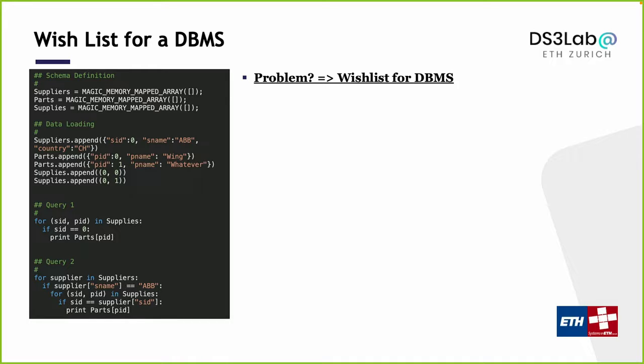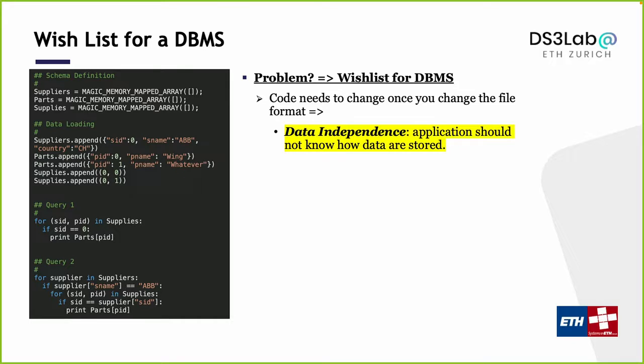So let's try to define a little bit more about the properties that we want, okay? From the problem we see here to the property we want from a database management system. The problem we have with this piece of code is the code needs to change once your data format changes. That's not something we want. So the property we want from a database management system is something that we call data independence, okay?